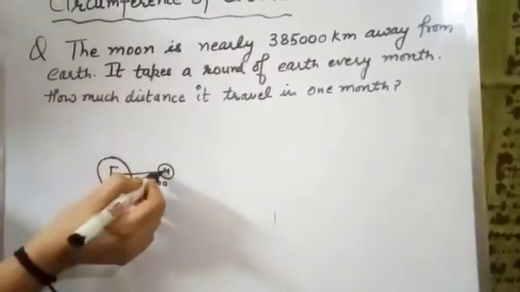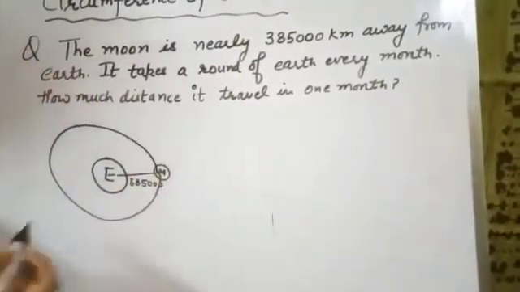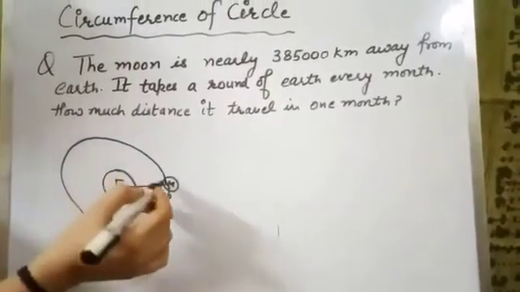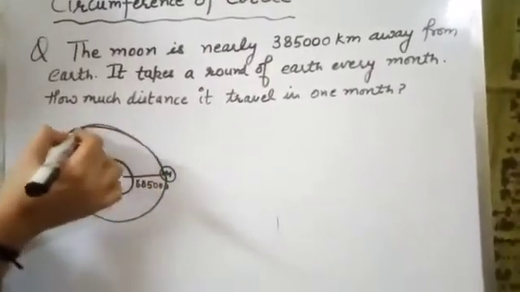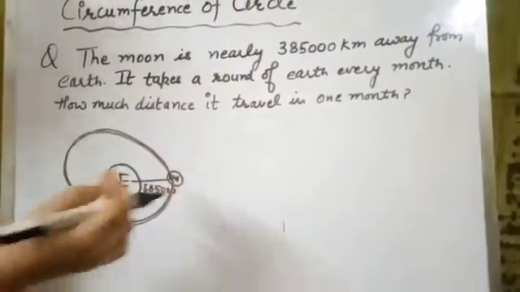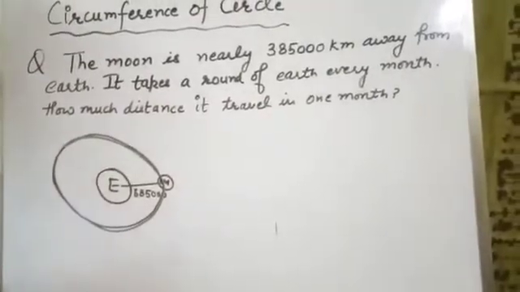Now moon completes one round around the earth in 1 month. This is the one complete round it is taking around the earth. And if we want to find this distance, the distance covered by the moon is the circumference of this bigger circle. The distance covered in one complete round is known as its circumference.